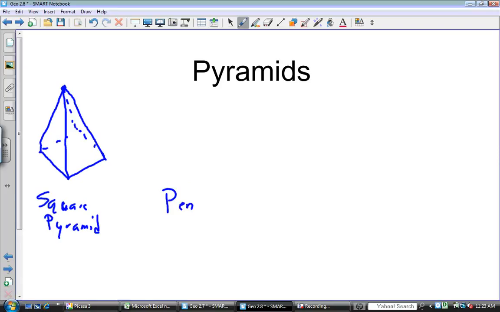Pentagonal pyramid. You have a pentagon on bottom. Let's start with those two sides. Come up to that point.